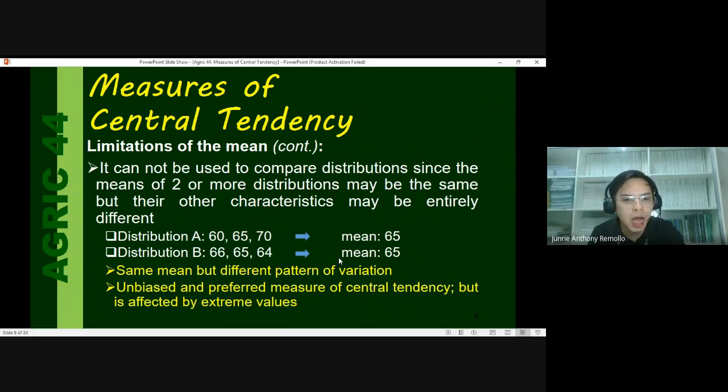But if we look at the raw grades, we could say that student B is more consistent with his or her grades compared to student A. Okay? So, on the other hand, the mean is an unbiased and preferred measure of central tendency, but it is greatly affected by extreme values.